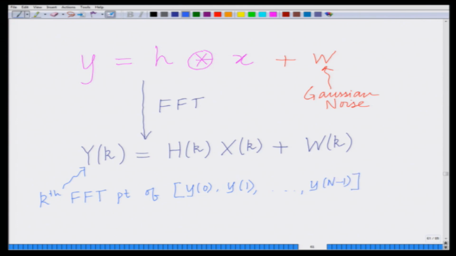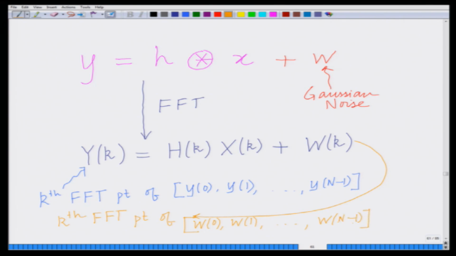Wk is the kth FFT point of the noise samples small w0, small w1, up to small w of n minus 1.